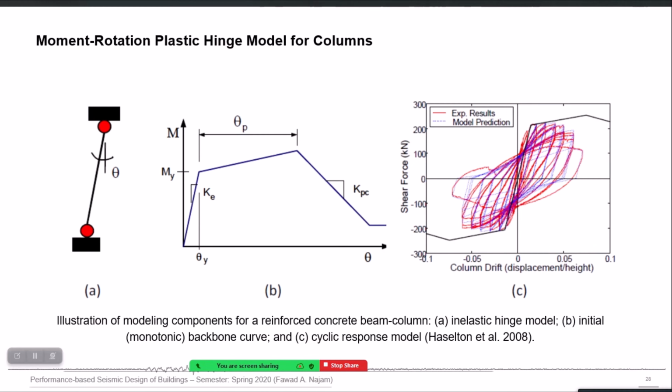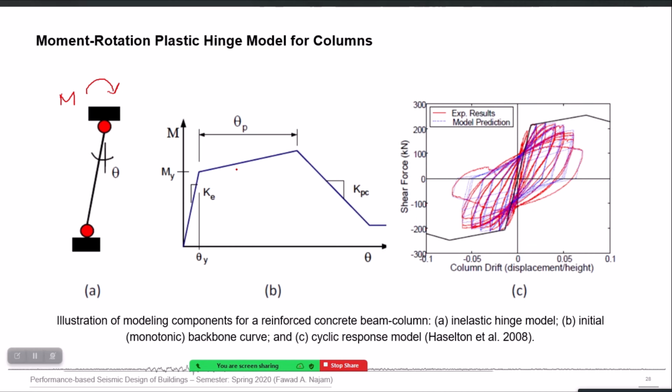So you can see here that, for example, if we have a reinforced concrete column here, and this column is subjected to, let's say, some bending moment, and that bending moment results in the development of rotation at the full member level.